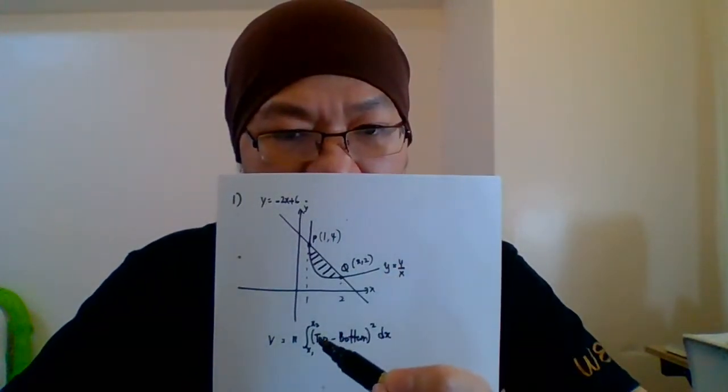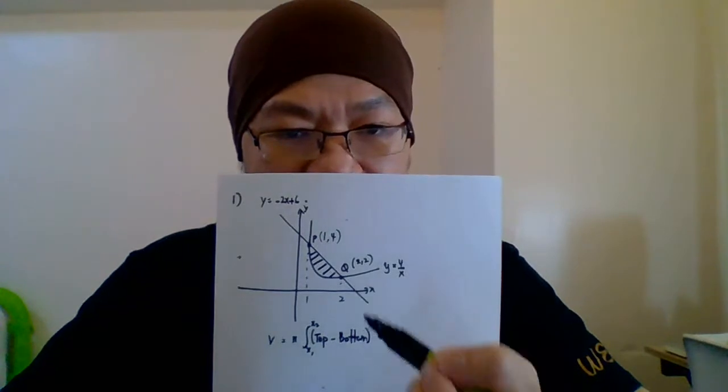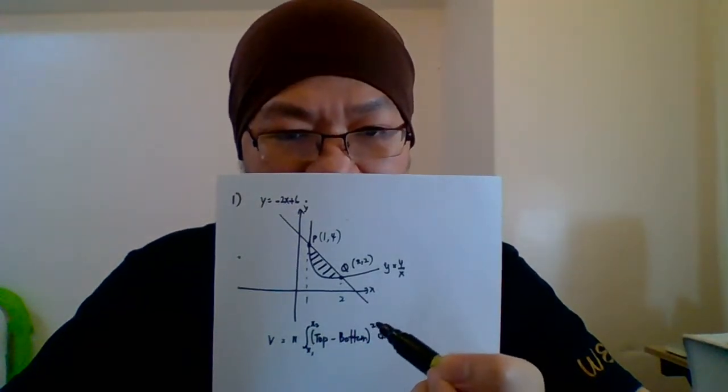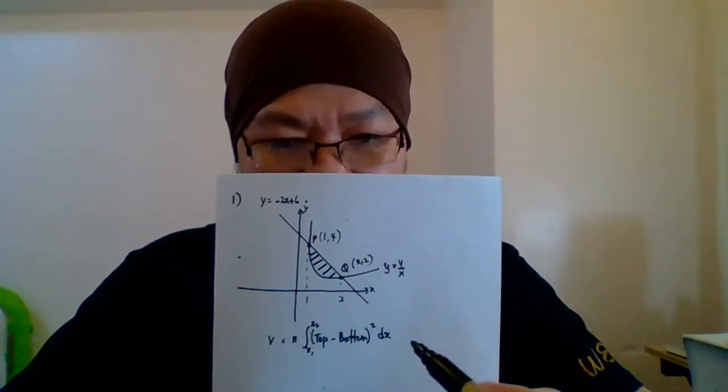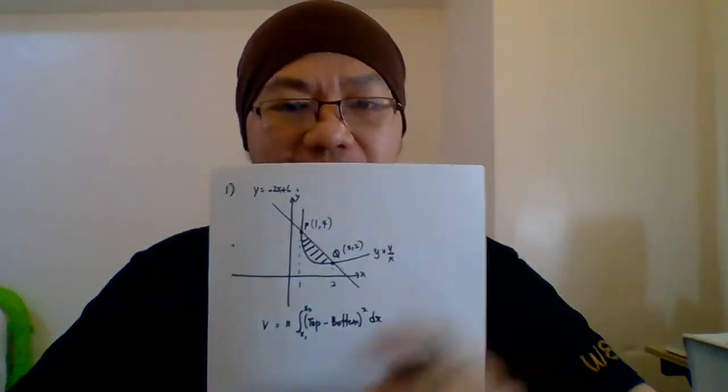The top is the straight line minus the bottom, the curve, and don't forget to square, dx.